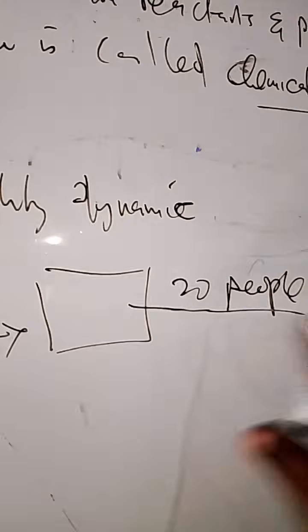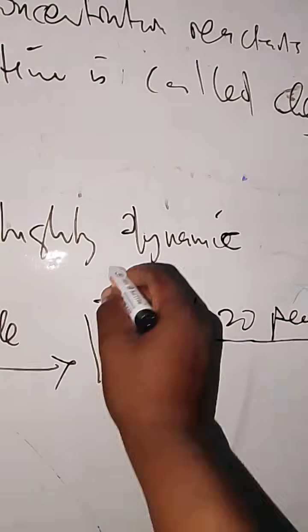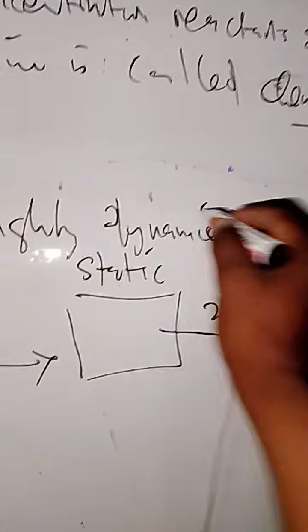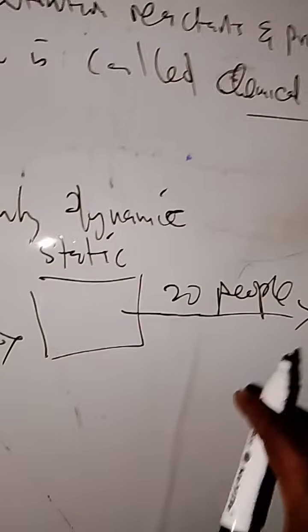So the net change here is equal to 0. 20 enter, 20 come out. In this case it doesn't mean that the situation is static, but it's highly dynamic.